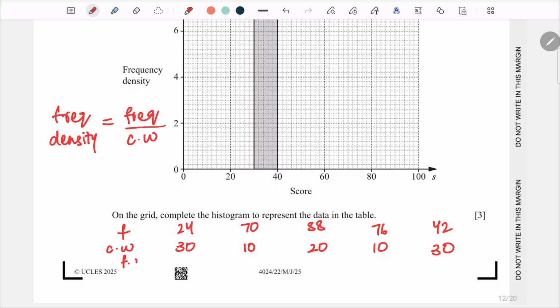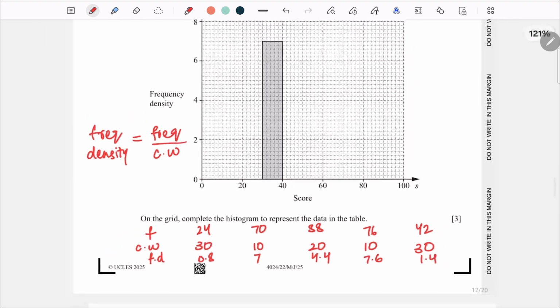Now to find the frequency density, I'll just divide 24 by 30. 0.8, then 7, 4.4, then we have 7.6, and last is 1.4.